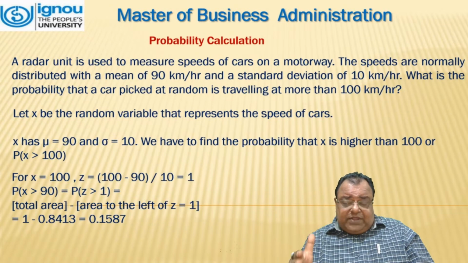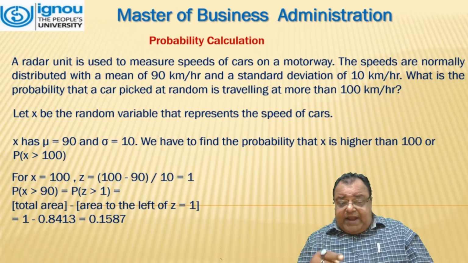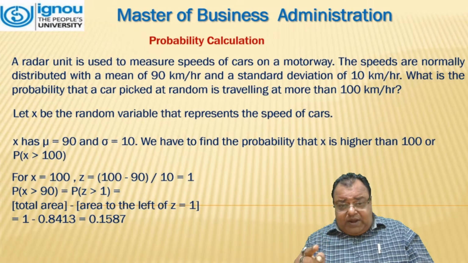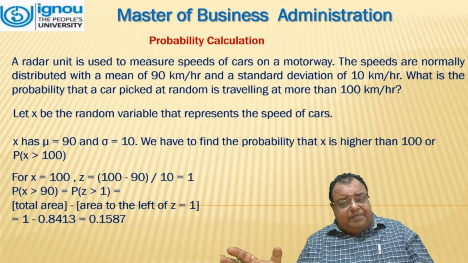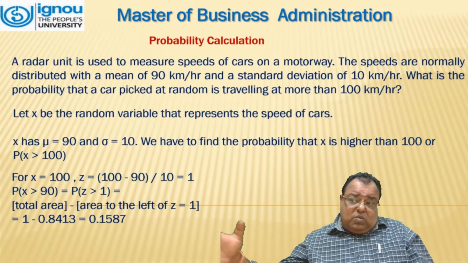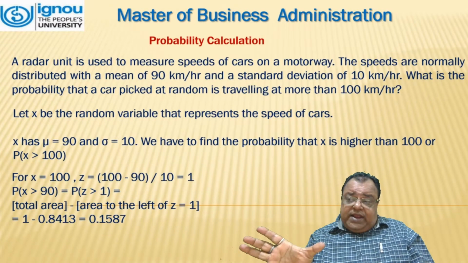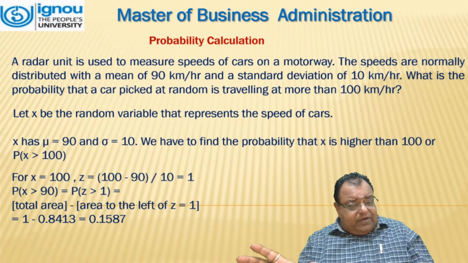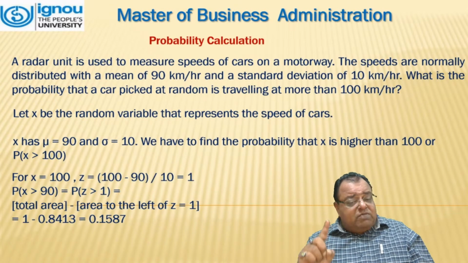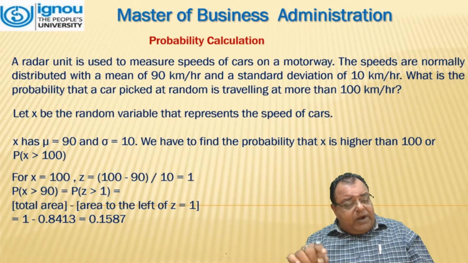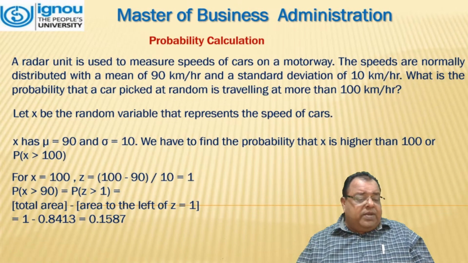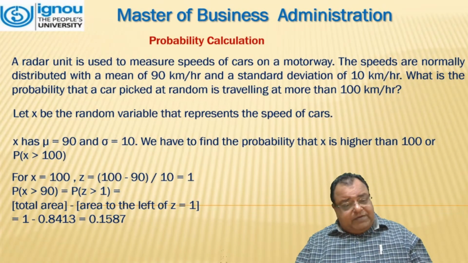As we are aware, the value of z equal to 1 is a positive number, therefore it will be on the right side, more than 1. The total area of the right side is 0.5, and the table value for z equal to 1 is 0.8413. When we subtract it from 1, 1 minus 0.8413 comes out to be 0.1587.